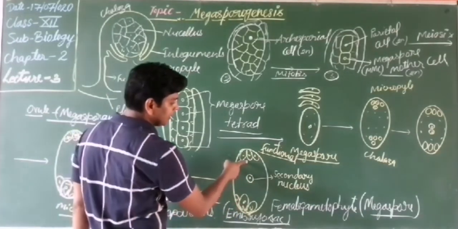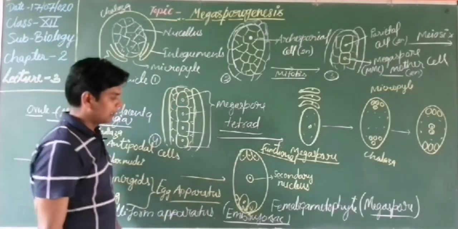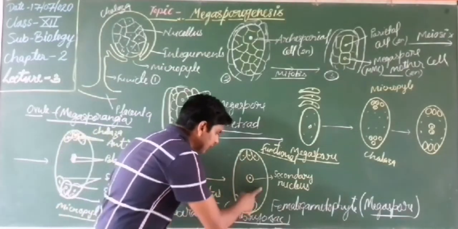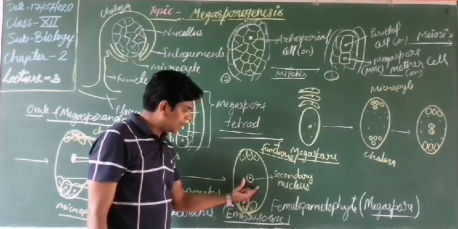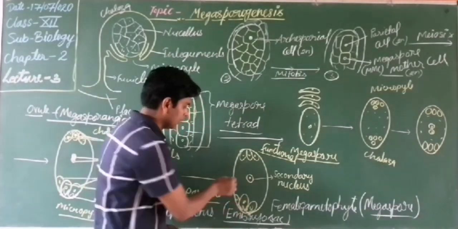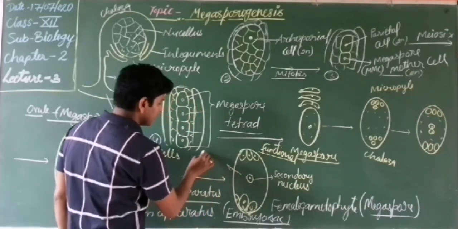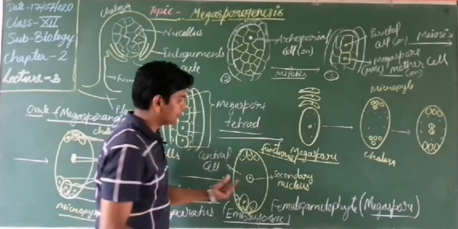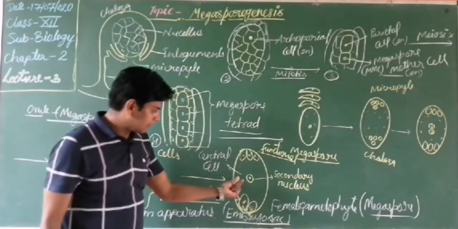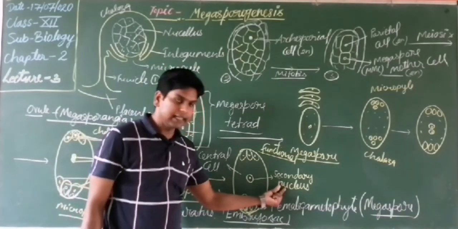So 3 and 3, these are the 6 cells, but 1 is the central cell in which these cells are found. This is known as the central cell. So write it here, central cell. The nucleus of the central cell is known as the secondary nucleus.